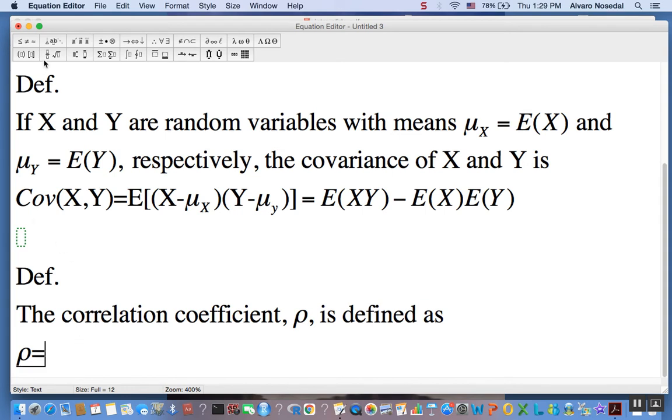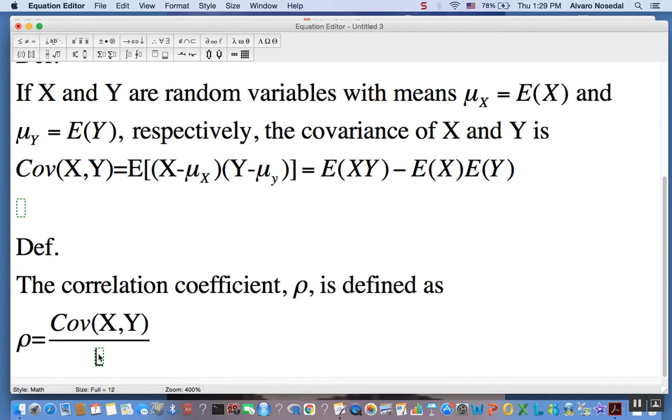So let me write it down here: the covariance divided by the square root of the variance of x times the square root of the variance of y.